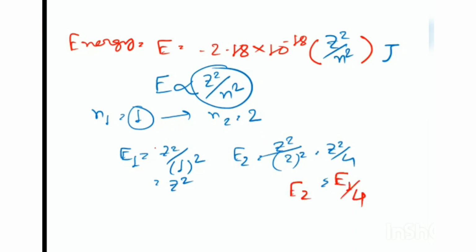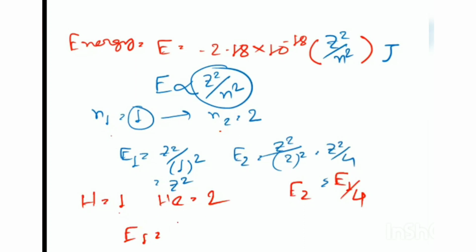Now if Z is changed, what will we do? Let's say from H it has gone to helium, that is, from hydrogen it has gone to helium. Let it also be that it has gone from n1 to n2, and Z is also changed.